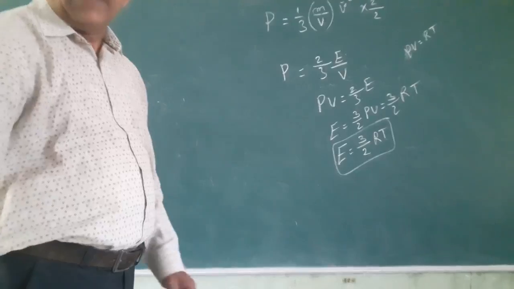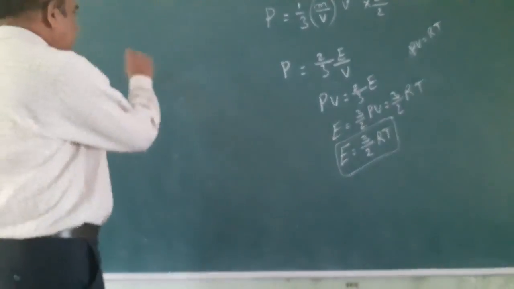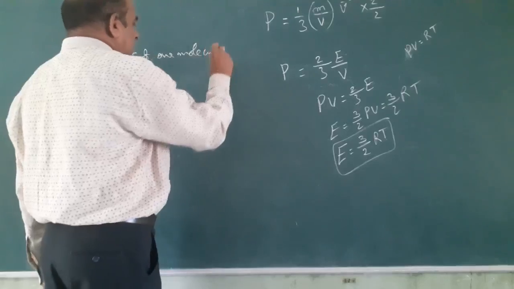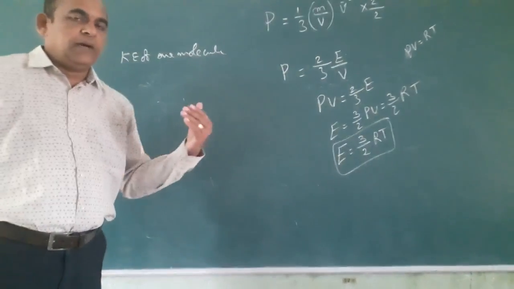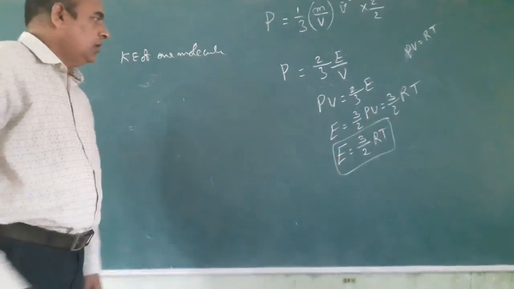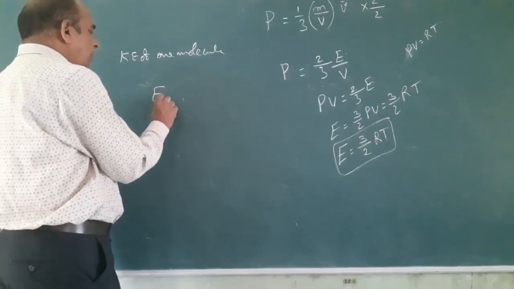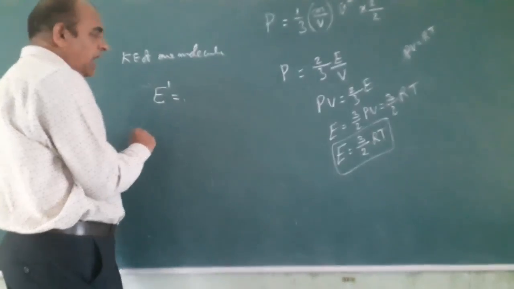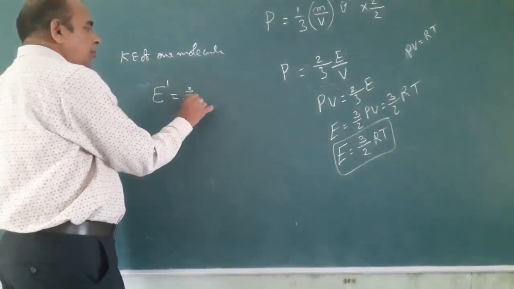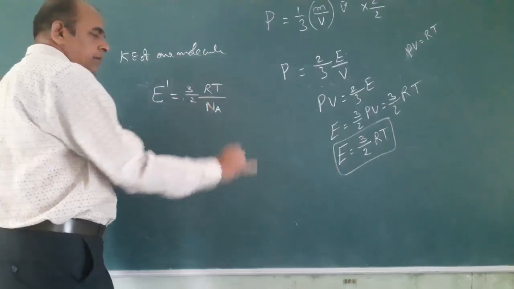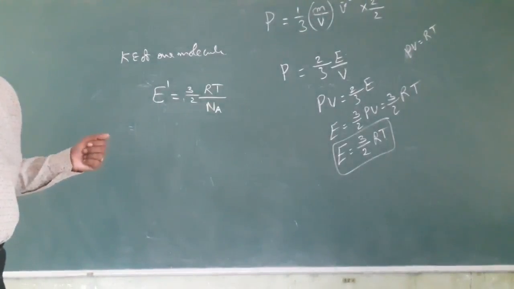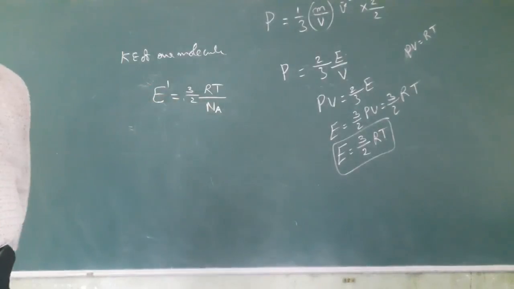One mole contains Avogadro number of molecules. Therefore, the kinetic energy of one molecule, E dash, is equal to 3 by 2 RT divided by Avogadro number, because one mole contains Avogadro number of atoms.